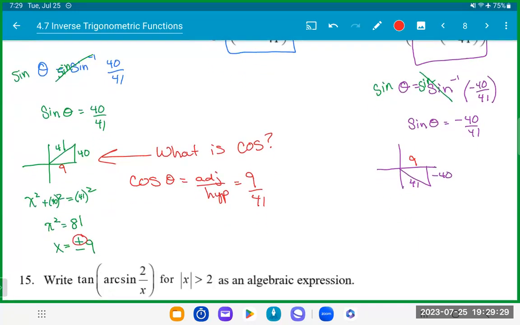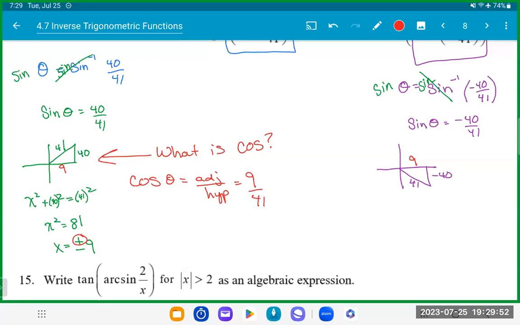Quick question. Yes. So just to confirm, the sine can only be in quadrants 1 and 4, right? Correct, for inverses. For non-inverse, sine can be in all 4 quadrants.